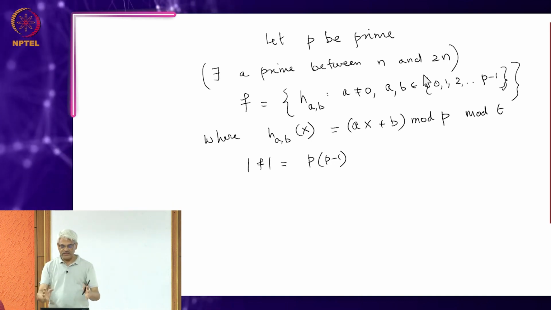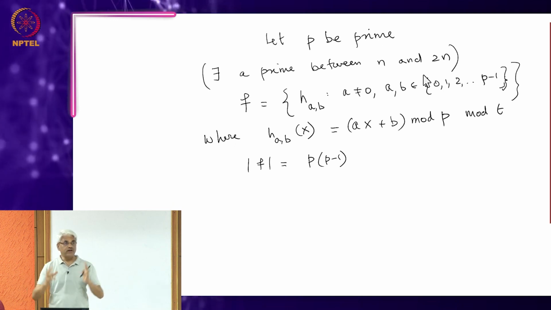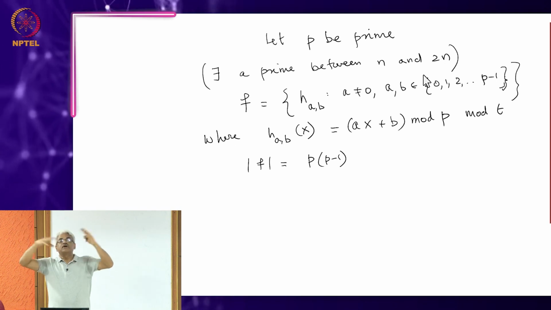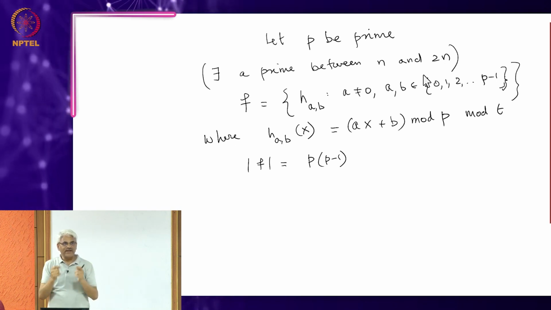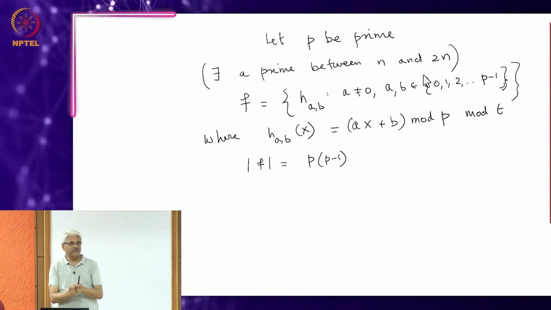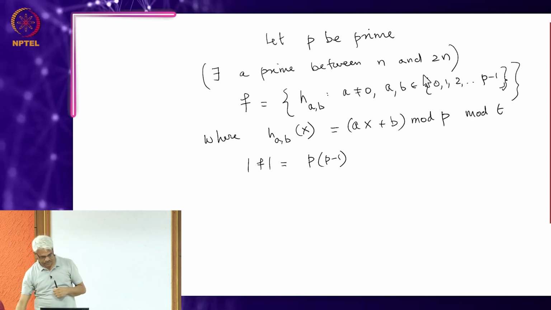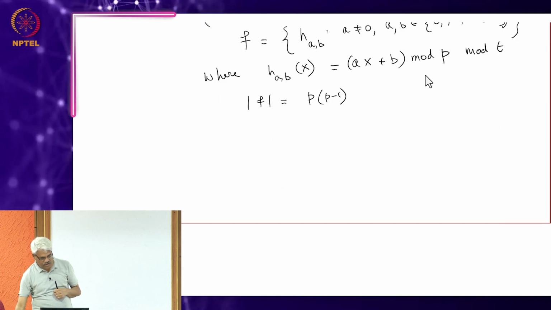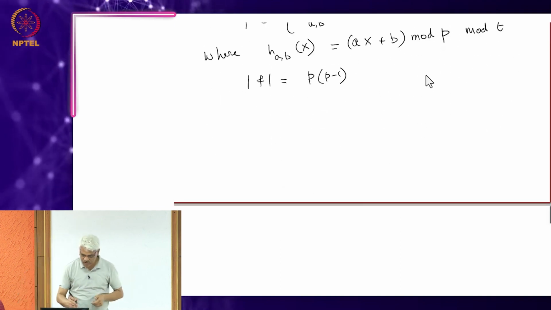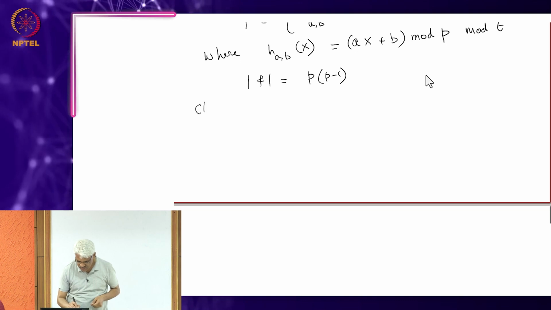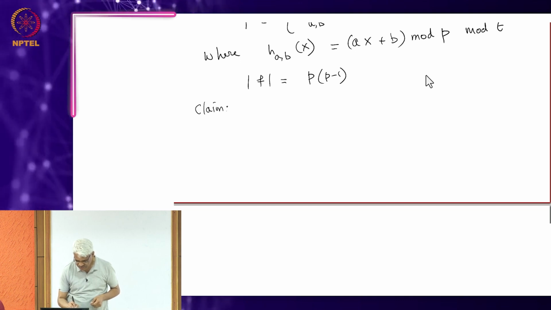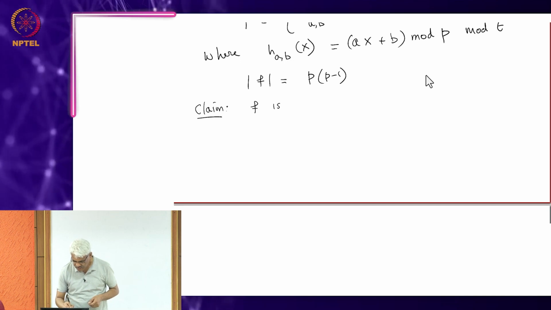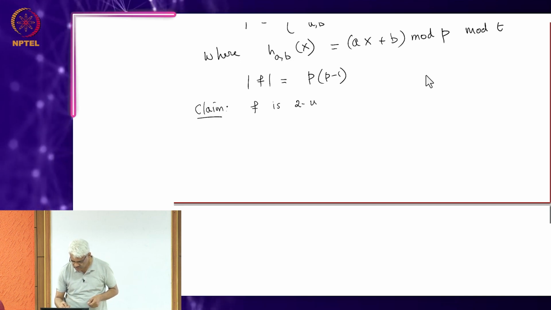In some sense it is a small size family which has the power of all functions, as if you are picking a random function from the set of all functions, with the probability of collisions being small. Okay. So now the claim I want to prove is that this family F is 2-universal.